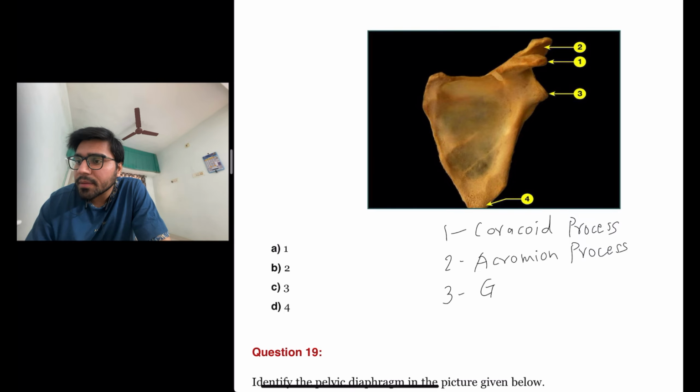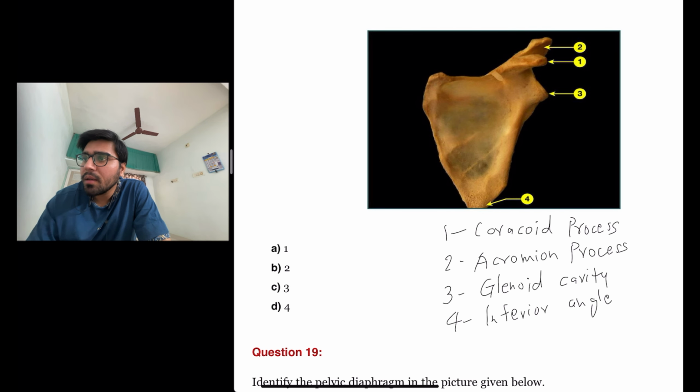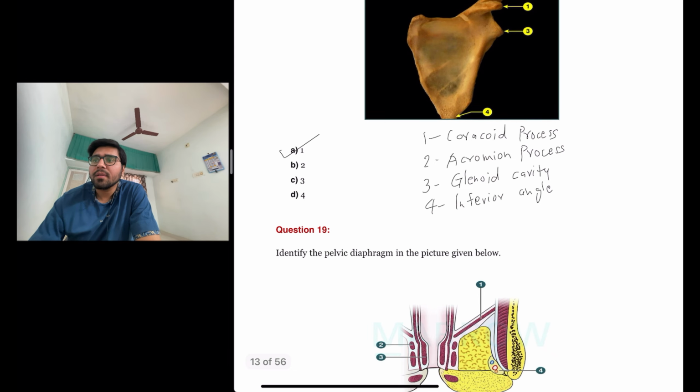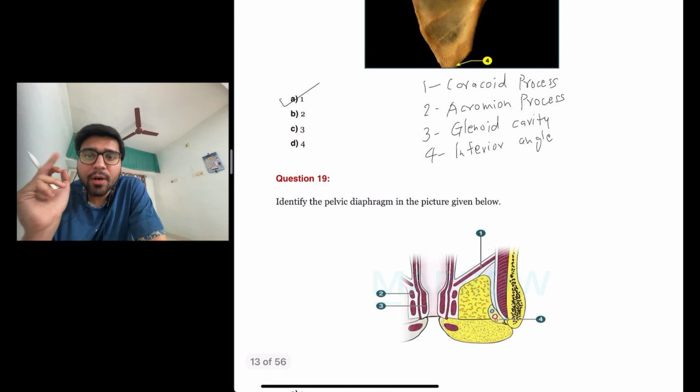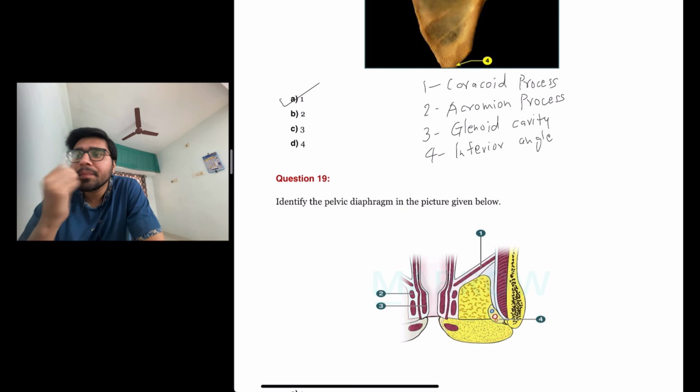The third one is glenoid cavity. And the fourth one is inferior angle. The answer is 1, that is the coracoid process, because coracoid process is the process which is palpable through the infraclavicular fossa.